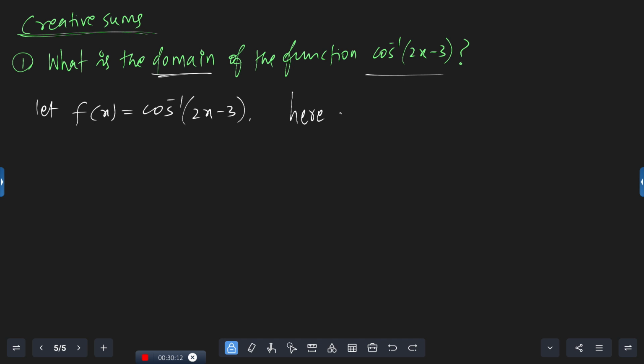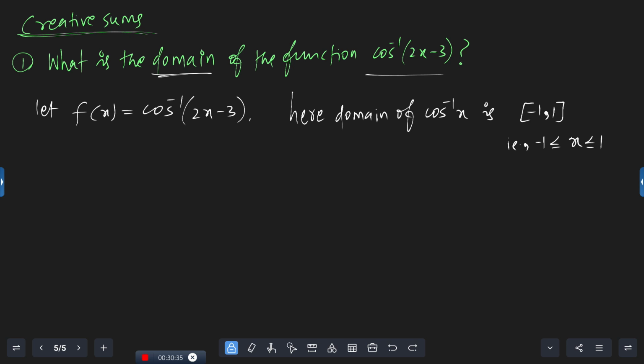Domain of cos inverse x is the closed interval minus 1 comma 1, that is minus 1 less than or equal to x less than or equal to 1. See, closed interval, so equal will be coming.